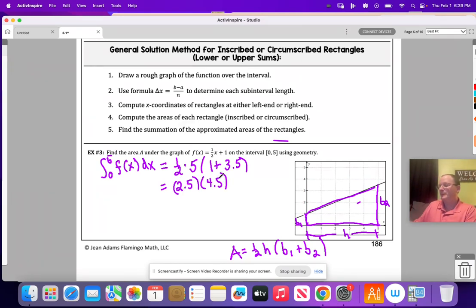Looking at the key, 2.5 times 4.5 is 11.25, in square units. Gene, when doing that, just did everything with improper fractions to get the 11.25. So that's it for number 3.